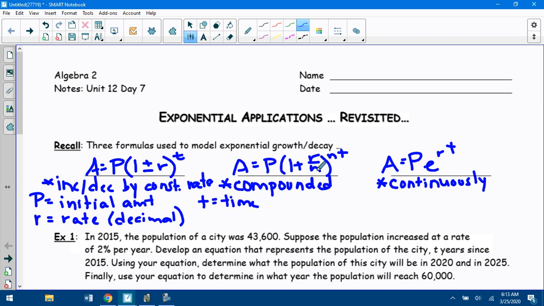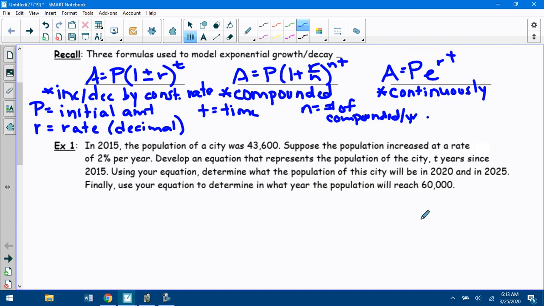And then this middle formula had this extra N. What was n in that middle formula? It was the number of compoundings per year. So if it was compounded quarterly, it was 4. If it was compounded monthly, it was 12, etc. Weekly was 52, because everyone knows there's 52 weeks in a year, right?